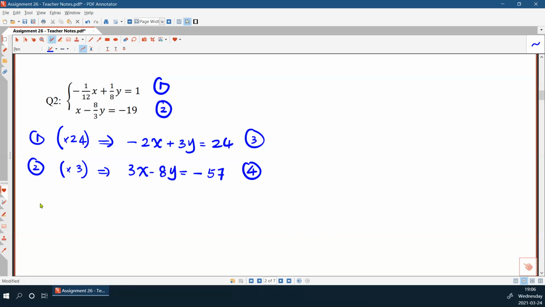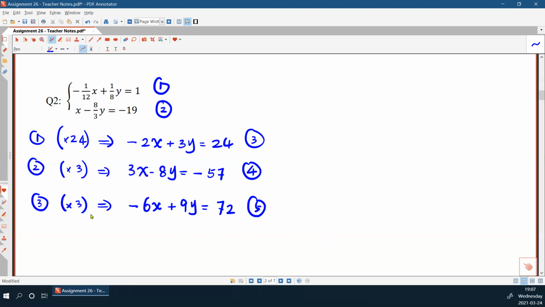Okay, so how do we eliminate x or y? You can use equation 3 times 3 to both sides of this equation. This will give us minus 6x plus 9y equals 72, right?